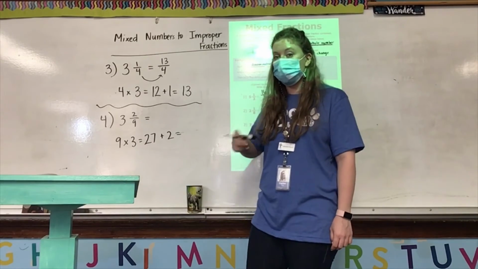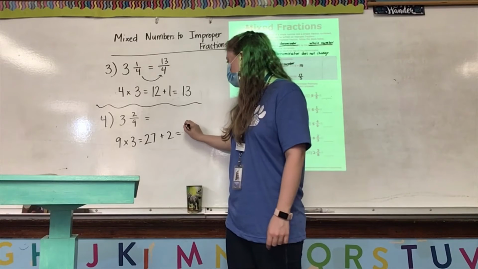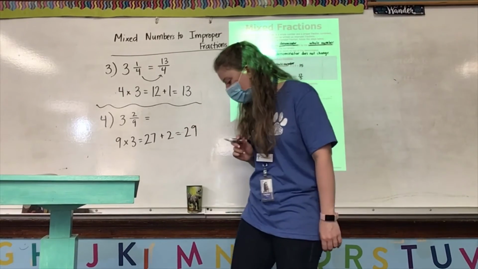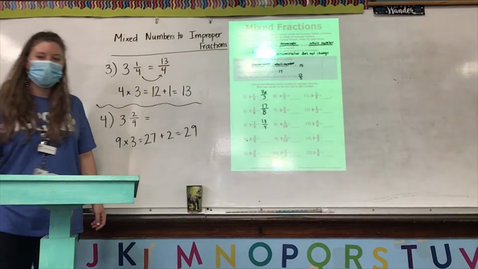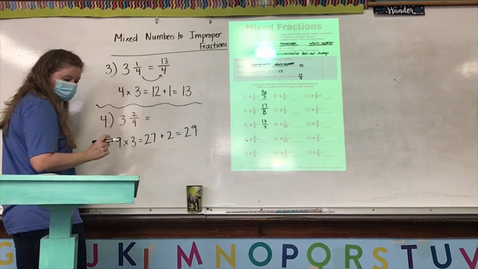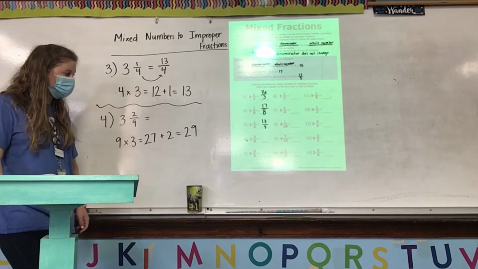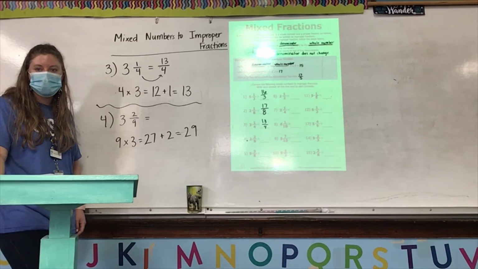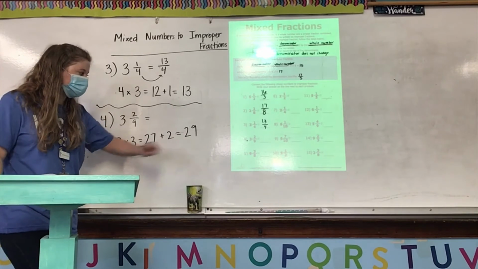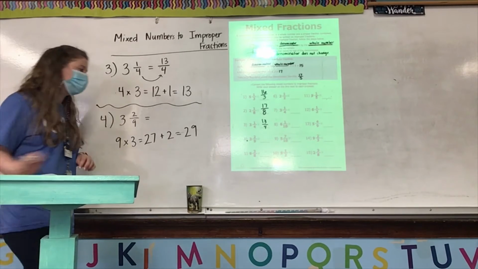Please pay attention so that we can get through this quickly. 27 plus 2 is what, Zari? 29. That answer becomes our improper fraction? No, 29 is not an improper fraction. 29 is a whole number. But we did all of this so that 29 could become our numerator.